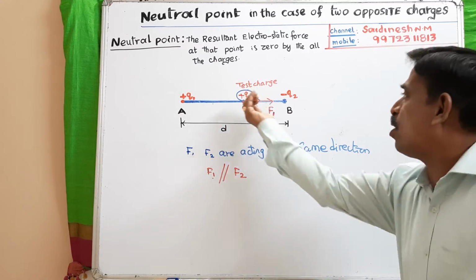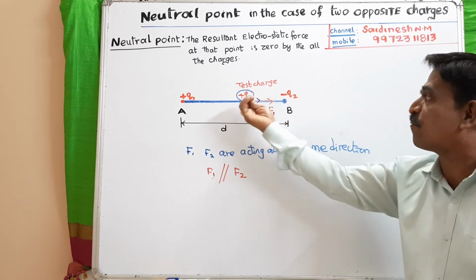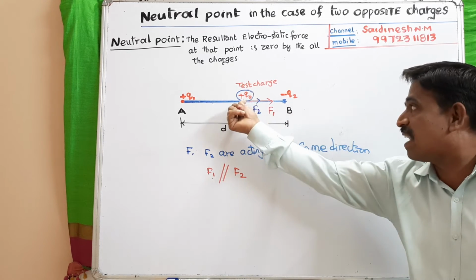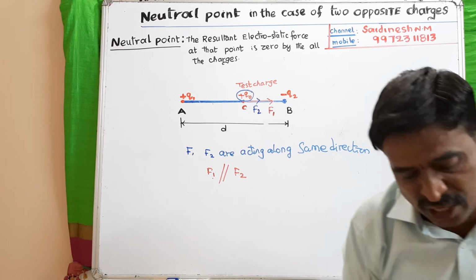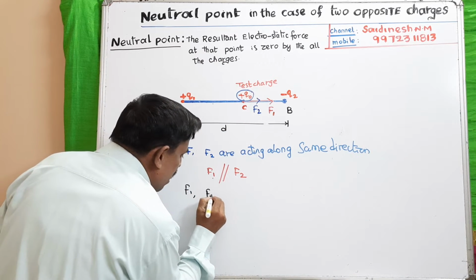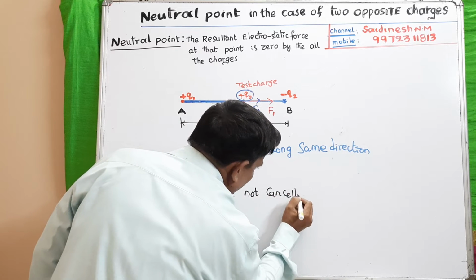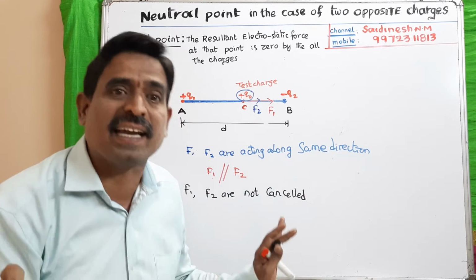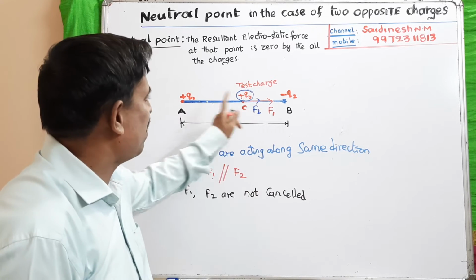The reason is both the forces are along the same direction, so they do not cancel each other. Hence, we will not get the null point at the point C or here or here.